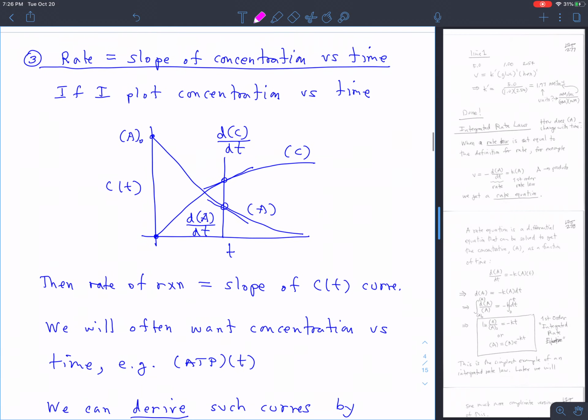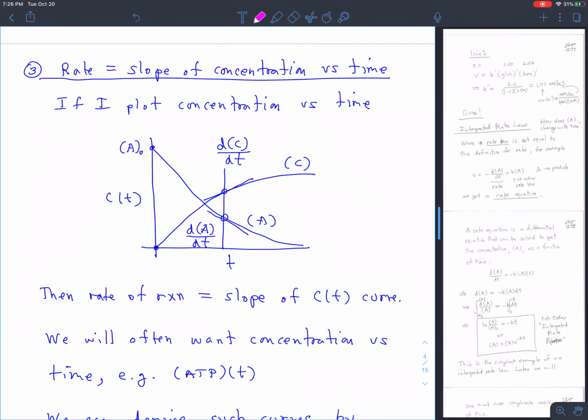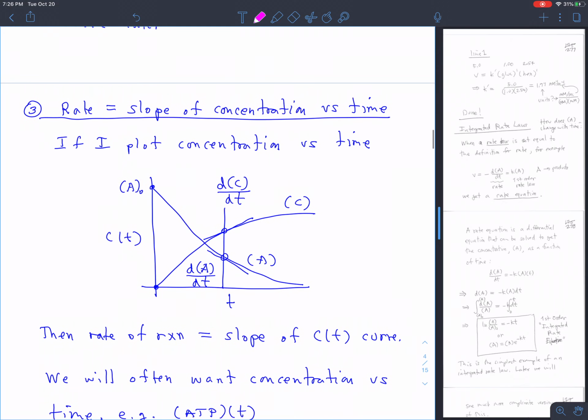Another way to talk about the rate of change of a chemical reaction is to say this. Let's suppose I have some reaction, aA plus bB goes to cC plus dD again. I'm looking at one of the reactants here, A, and since it's a reactant, and since I'm assuming the reaction's going forward, the A is going to go away, and I can plot the concentration of A as a function of time.